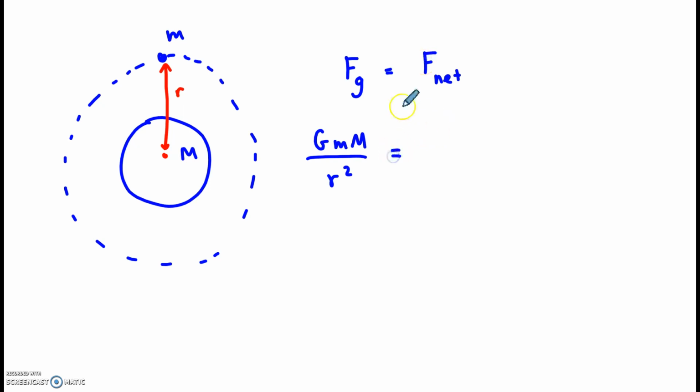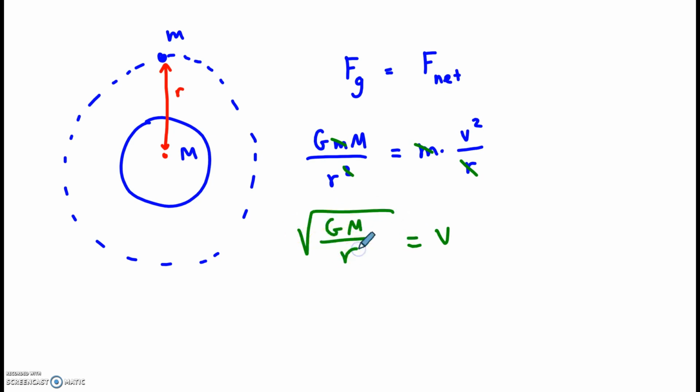But the centripetal net force, well, what's Newton's second law say? Net force is mass times acceleration. This is the centripetal acceleration. Again, m cancels, one of the r's cancel, and the speed is the square root of GM over r. So if you know the mass of the planet and the orbital radius, you can find the speed.